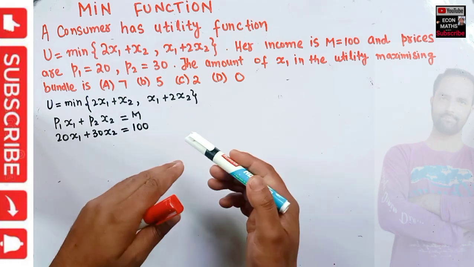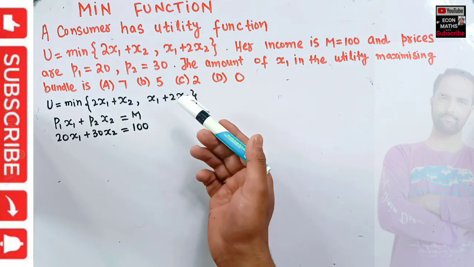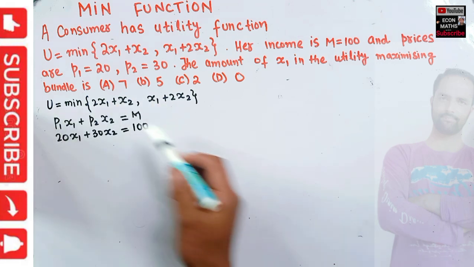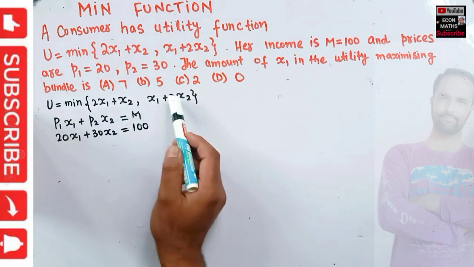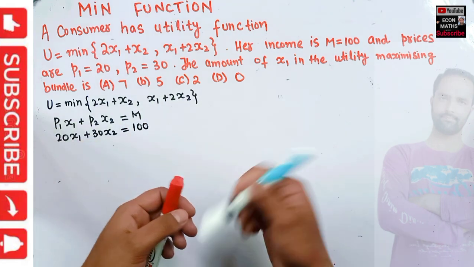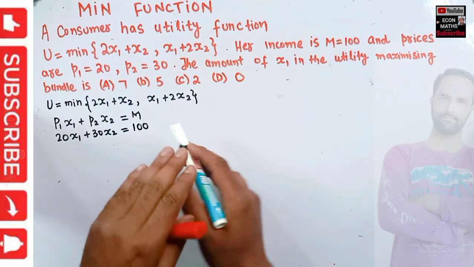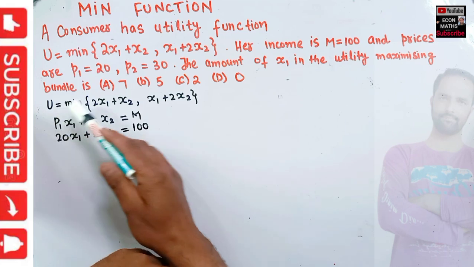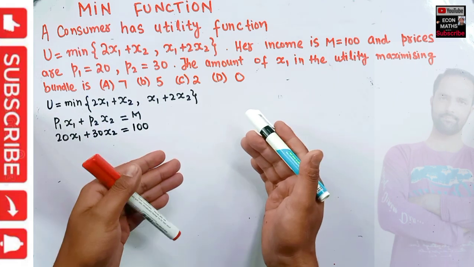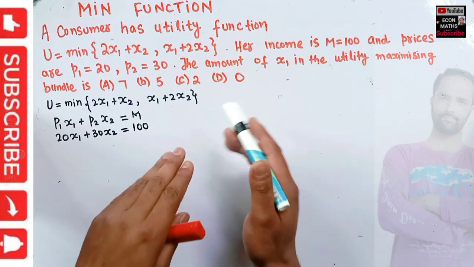So this is a kind of hybrid utility function. It is the minimum function. Whatever is the minimum among the two arguments will be our utility quantity here. Now let's first figure out the indifference curve pertaining to this utility function. We know that an indifference curve is a combination of all those bundles which give the consumer the same level of utility.